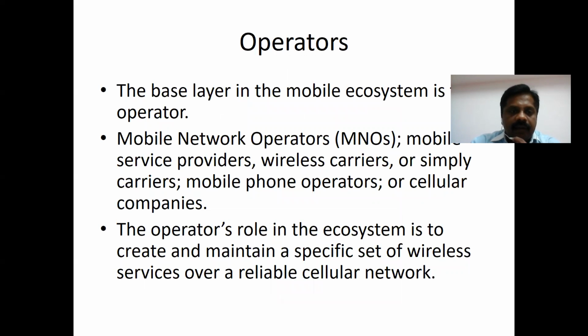First, operator. The base layer in the mobile ecosystem is the operator. This is a very important and base layer of the ecosystem. Without the support of operators, we cannot perform any operations in mobile, right? The next point is mobile network operators: mobile service providers, wireless carriers, or simply carriers, mobile phone operators, or cellular companies.